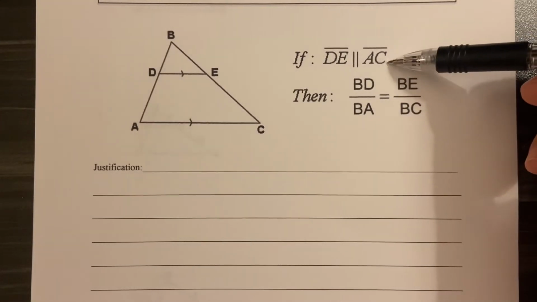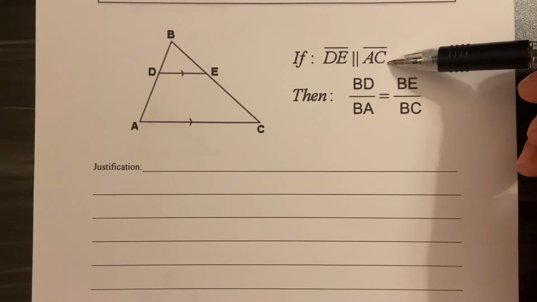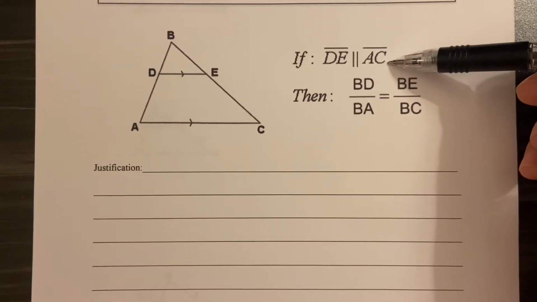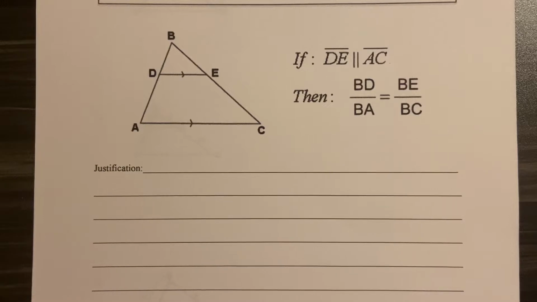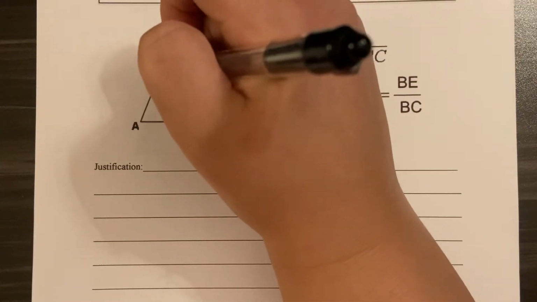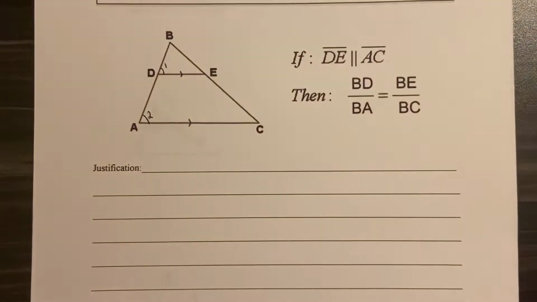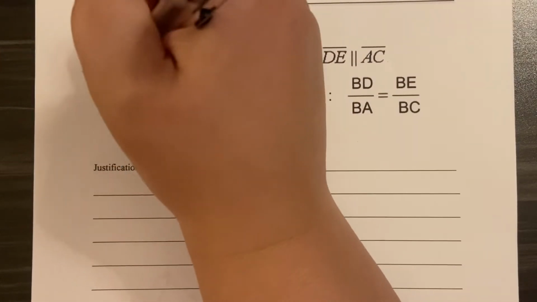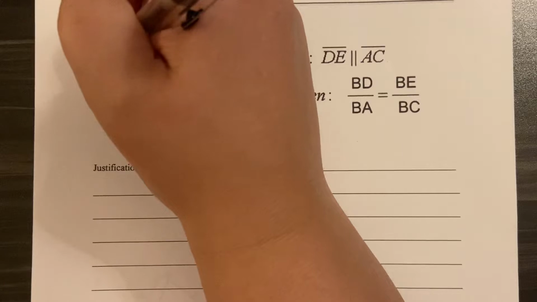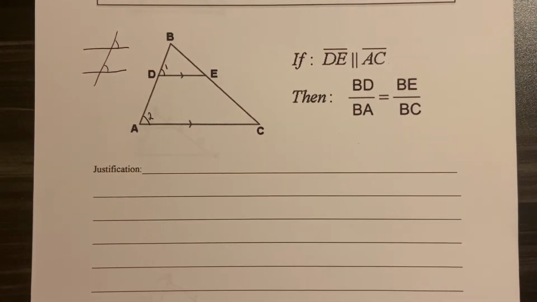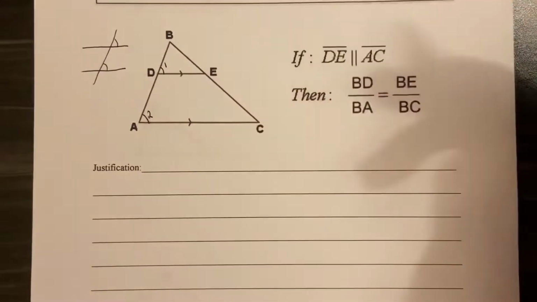If these lines are parallel to each other, that means we end up having corresponding angles being congruent. This angle and this angle there, I'm going to number them 1 and 2, would be congruent. Think of corresponding angles with parallel lines cut by a transversal. That's what I'm seeing here.